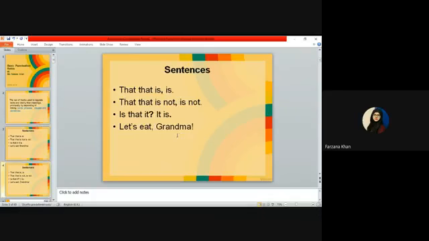Here you can see the well-punctuated sentences. Read sentence number 1: "That is." Second, "That is not." The sentence is clear, the sense is clear. "Is that it? It is." Right? So, "Let's eat, grandma."